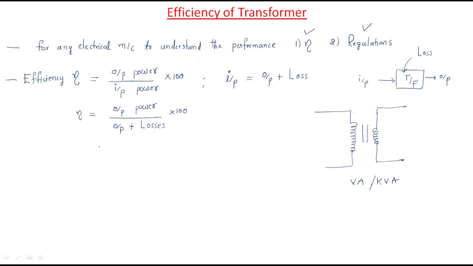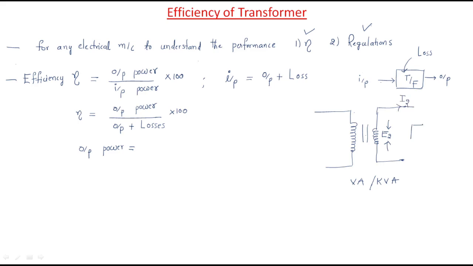Here, the output power of the transformer we can write like this. The output voltage, the induced EMF in the secondary winding, is E2. If you connect any load, then E2 will supply some current I2.